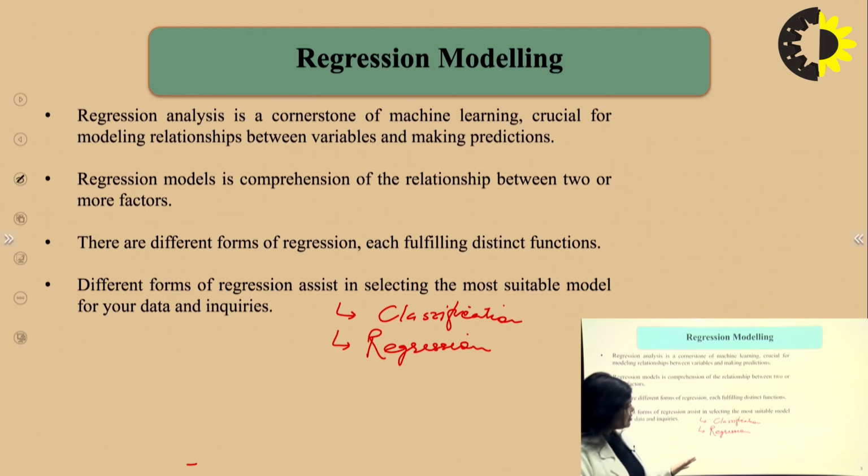In regression, we are trying to predict the future values or future patterns, while in classification we have already been given certain categories and we have to associate those class labels to the given input.